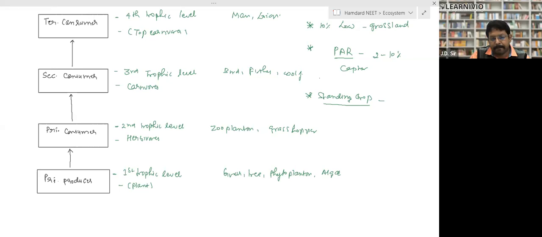And this small amount of energy sustains the entire living world. Full stop.